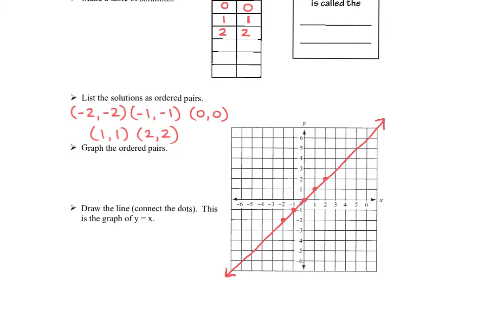Now, what we have shown here, guys, is that every single point on this line is a solution to the equation. And think about that. Here we have like 4, 4. Well, we know that would be a solution. And even here we have like 1.5, 1.5. Well, that would also be a solution. And -5, -5, that would also be a solution.